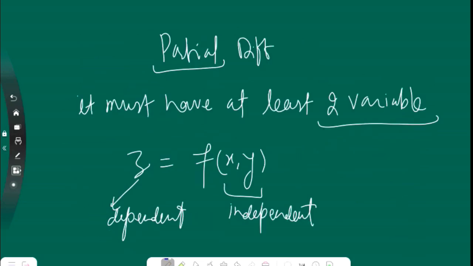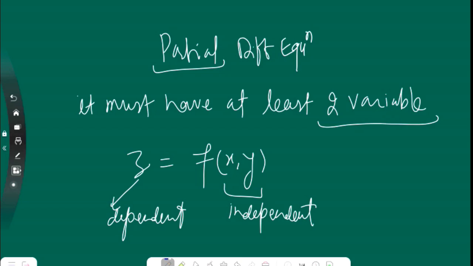So first we got to know what a partial differential equation is. A partial differential equation is an equation which has at least one differential derivative and at least 2 variables.